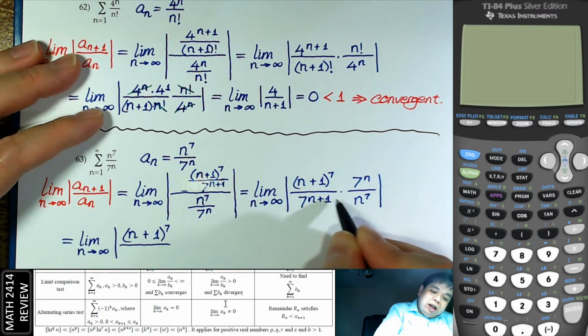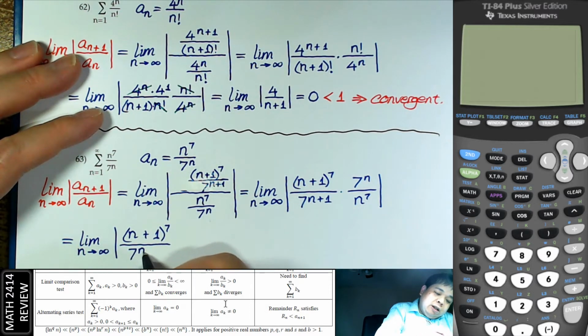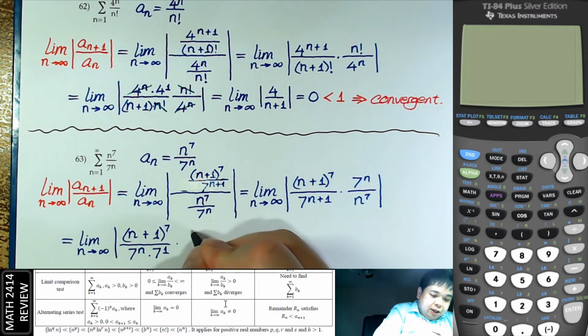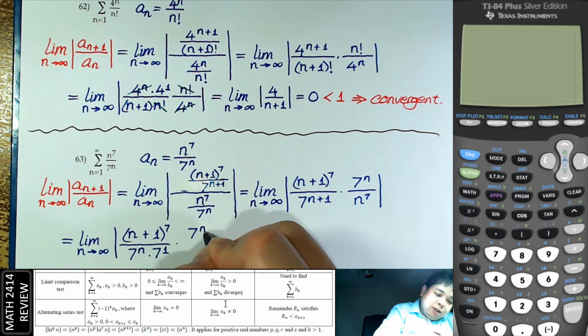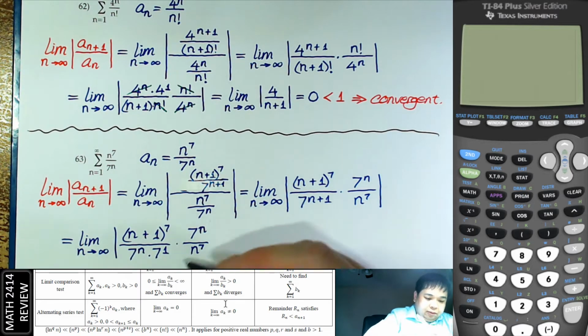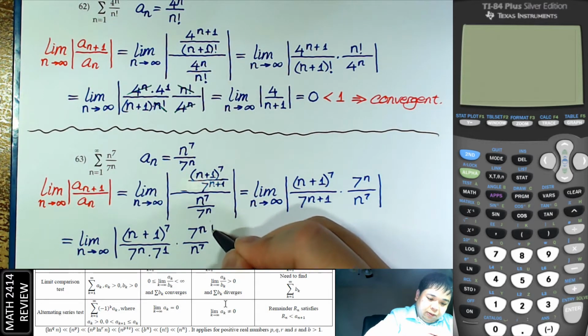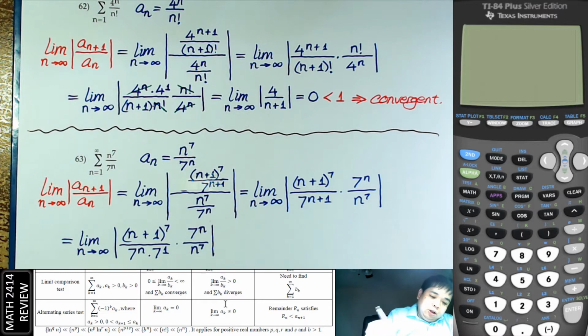And then 7 to the n plus 1 is 7 to the n times 7 to the first. And then we have 7 to the n power over n to the 7. See, here we can cancel out 7 to the n power, and we're left with 7 at the bottom, n to the 7 at the bottom.